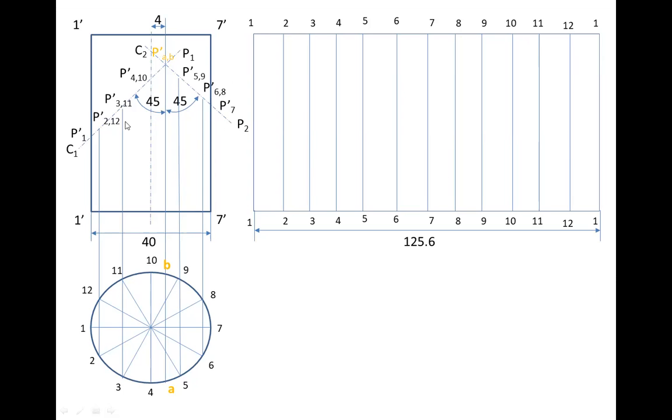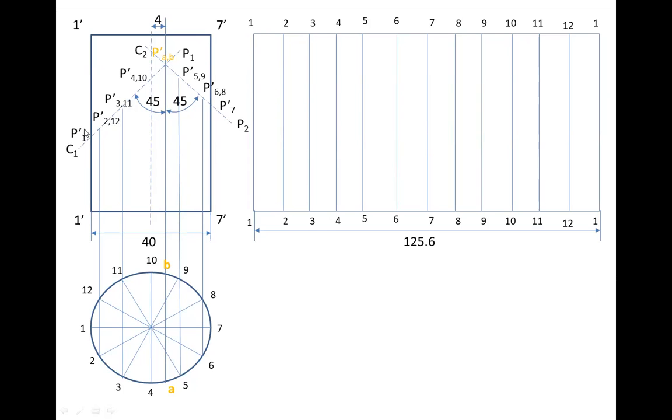But this cylinder is cut. It is not complete. So now we have to transfer these points P1, P2 and 12, then 3 and 11, all these on the respective generator edges. So definitely, what is the height of P1?